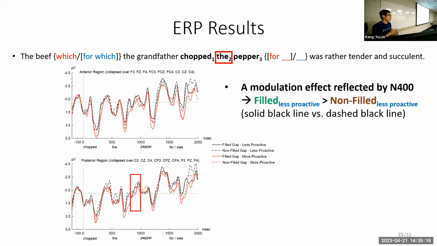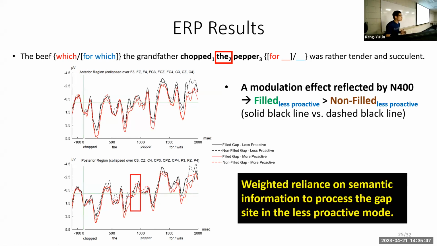And interestingly, this modulation effect occurs only when people are biased to be less proactive. So we observe a filled gap effect, meaning that the parsing will be disrupted for the filled gap. So it elicited a larger N400 component. But this effect occurs only in people who are biased to be less proactive.